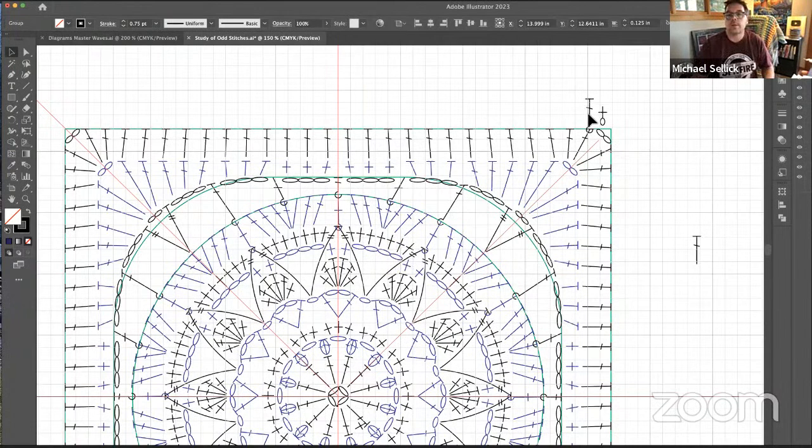Okay, so we got that. So we said that there's going to be, make him taller. Round 12.